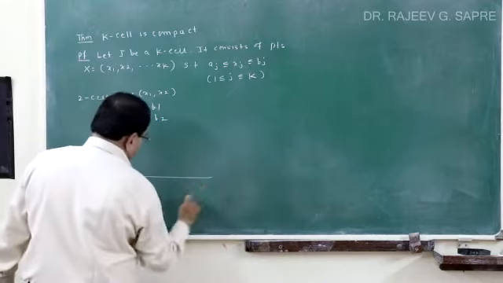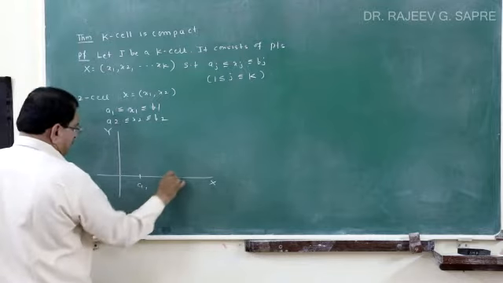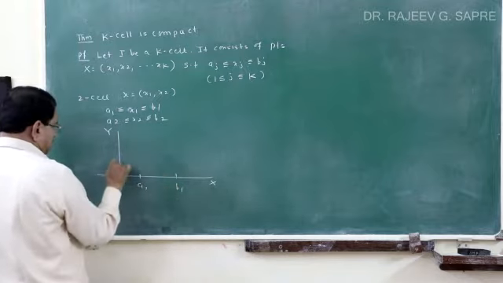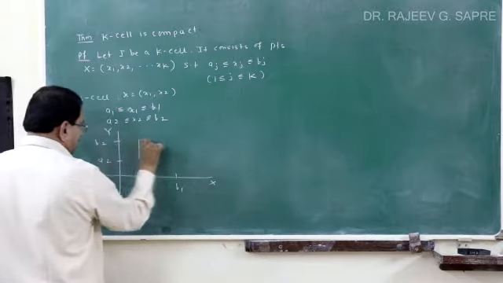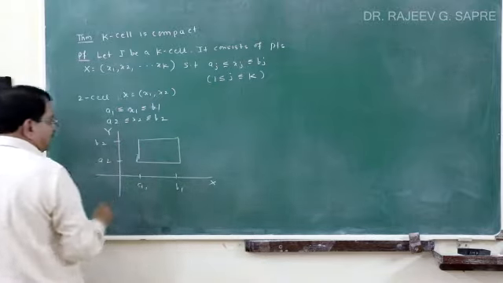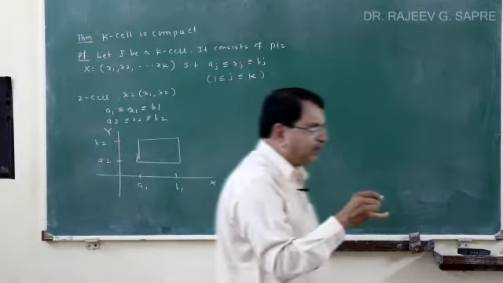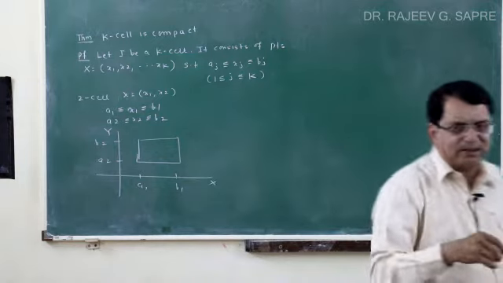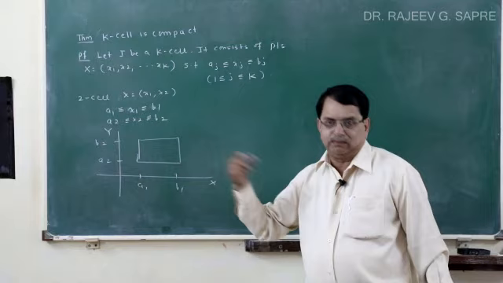Suppose this is your xy axis, and you take a1 and b1 on the x axis, and a2 and b2 on the y axis. Then the rectangle that we will have is the 2-cell. Actually this rectangle is the avatar of an interval in R.